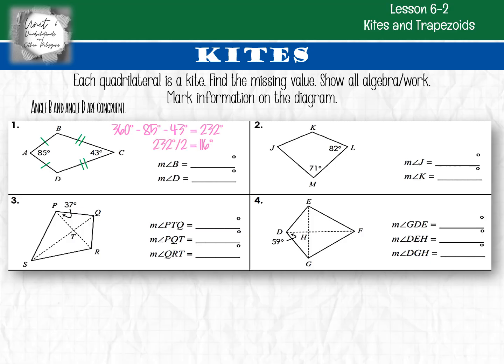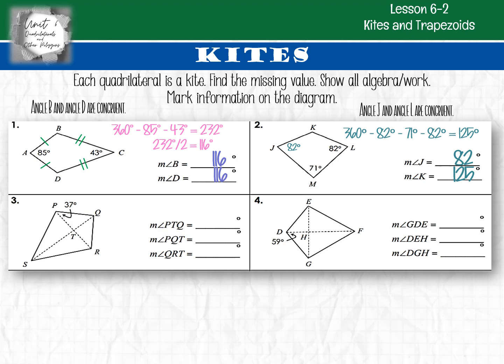So we can take our 232 and divide by 2, and the measure of angle B and the measure of angle D is 116. In number 2, the measures of angle J and angle L are congruent, so that's 32. All the angles total 360. Get rid of the ones we know, and the measure of angle K is 125.